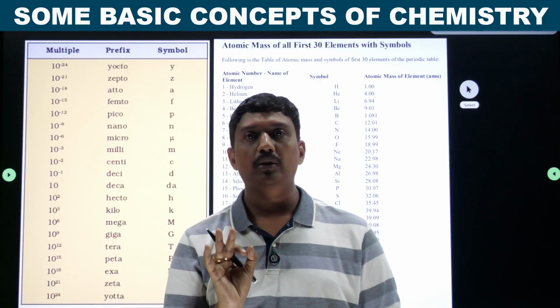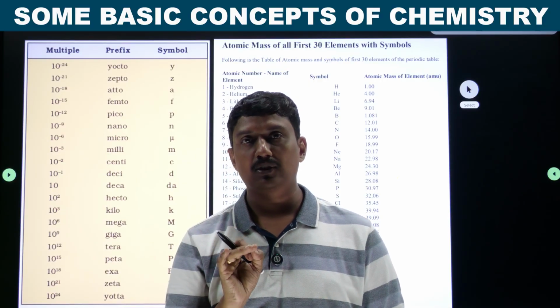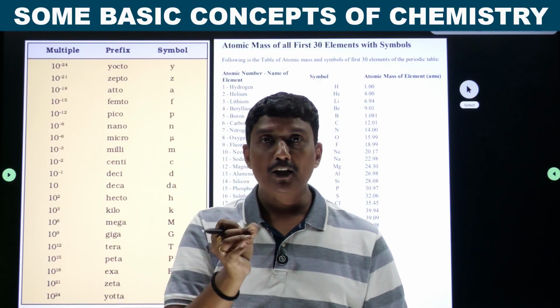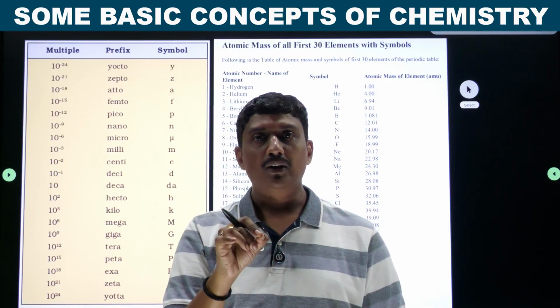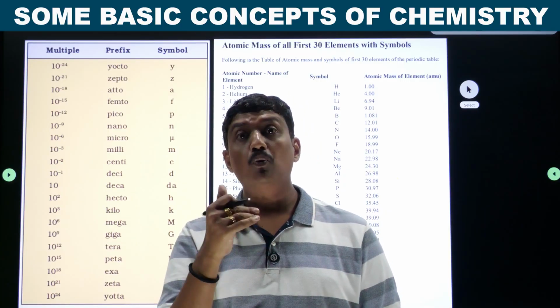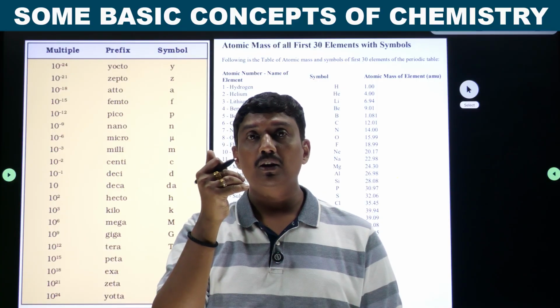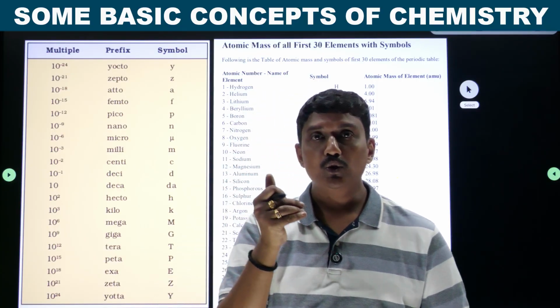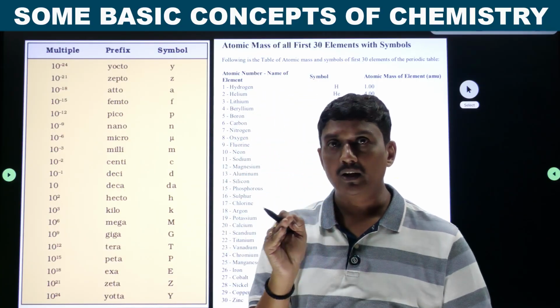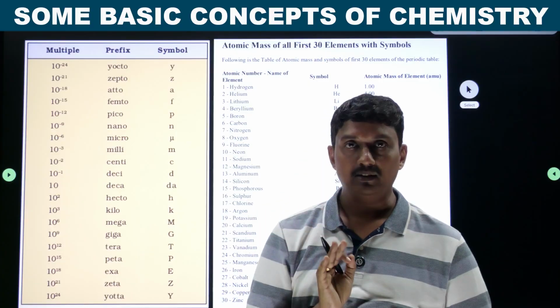Meter is a unit for length in the SI system, but pico, nano, deci, centi, what are all these? These are all prefixes used in day-to-day life, especially in science.